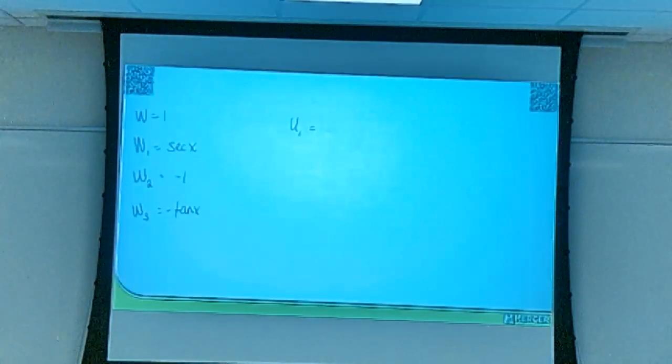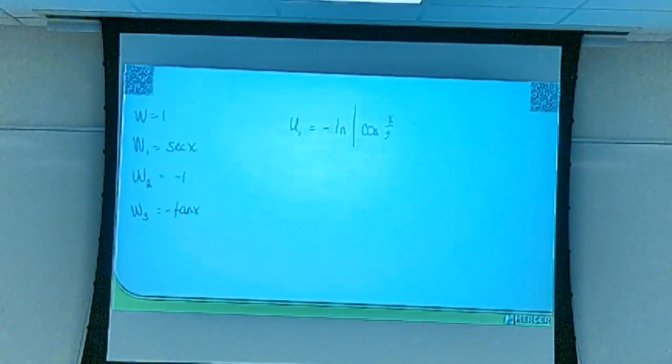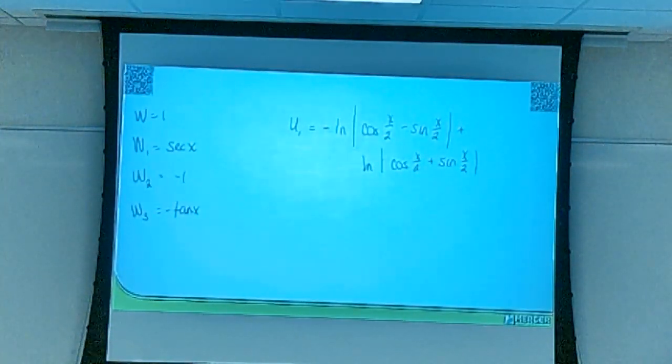U1 should be this. I'm gonna use absolute values too. My notes, when I ran this, did it for me.